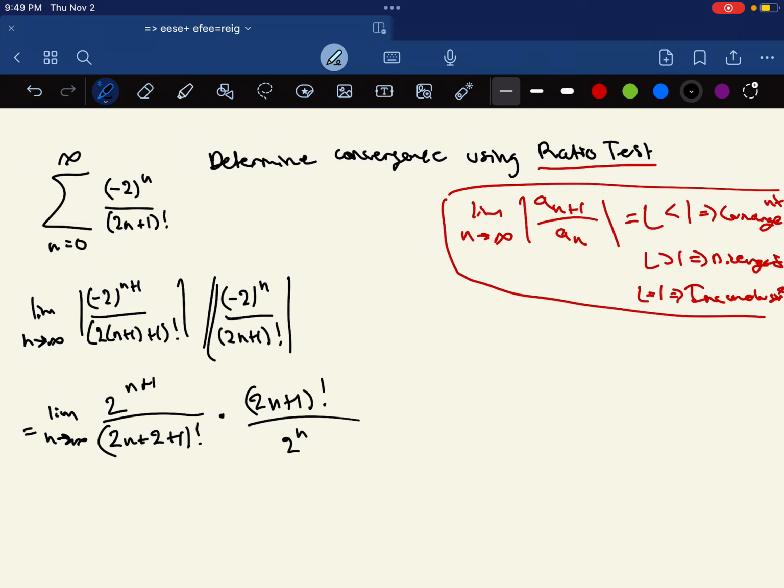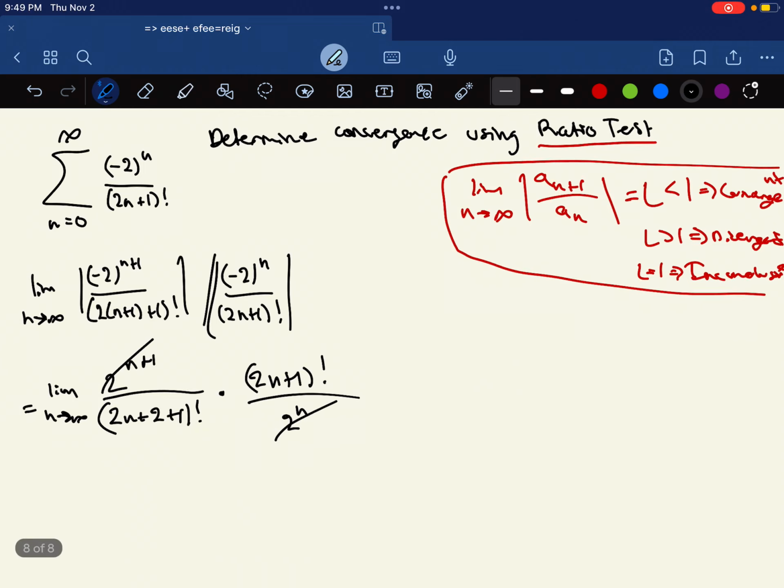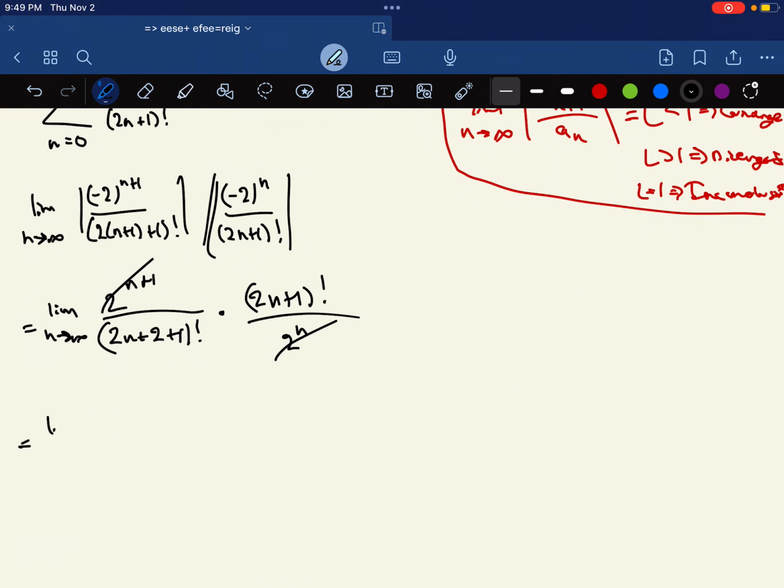Okay, now we can start canceling terms. We see a 2 to the n and a 2 to the n. And let's expand out the factorials here. As n approaches infinity, we have 1, 2 left on top, and this is going to be times, okay, this is where the factorial bit comes in.